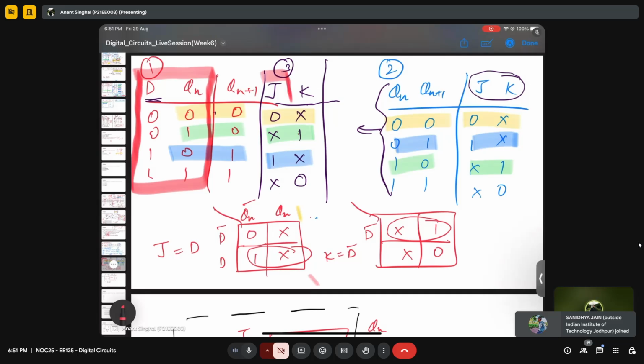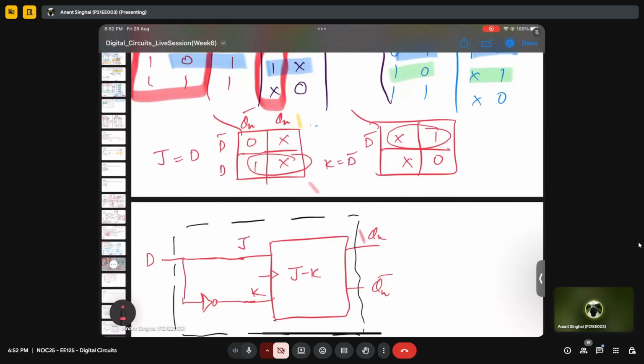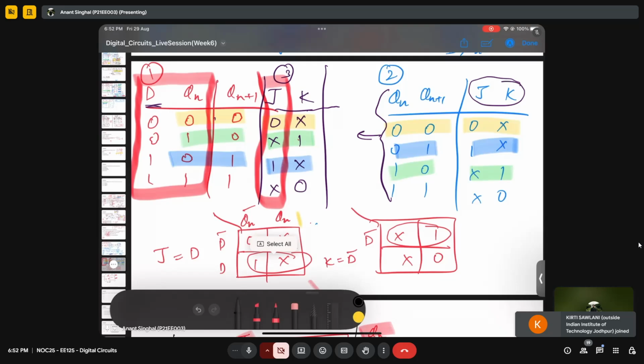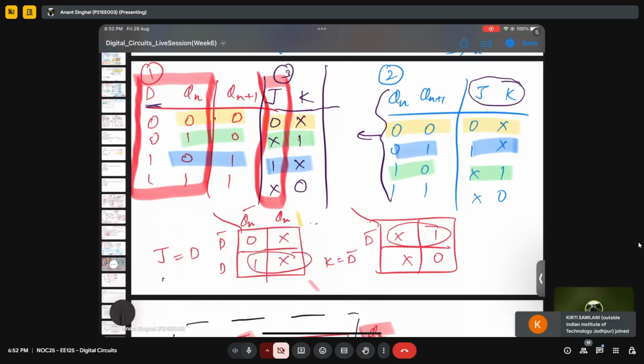So the first table corresponds to the things that I marked, because you will be having a relation of J in terms of D and Qn. Then only you can make the circuit. You don't know what the Qn plus 1 is. In the block, you only know either Qn or the inputs. Similarly, for K also, I have done the same. Is it clear?